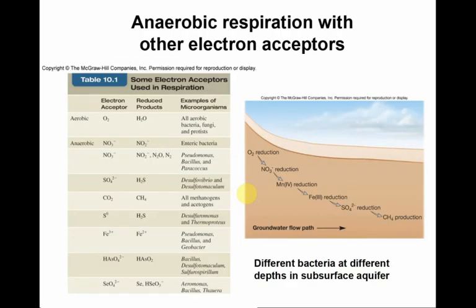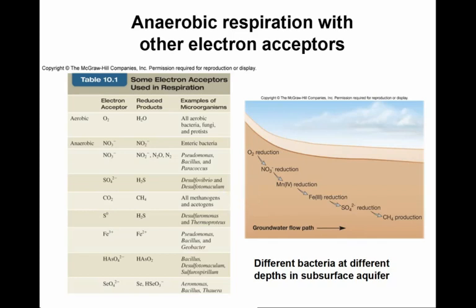And this process of anaerobic respiration can use not just oxidized forms of nitrogen, nitrate or nitrite, as the electron acceptor, but any inorganic atom or molecule or ion which is a good electron acceptor.